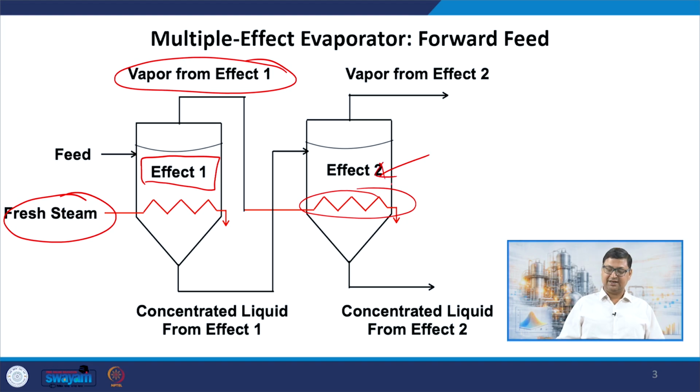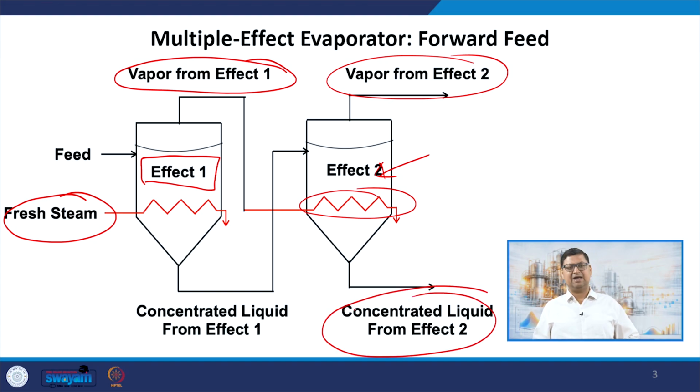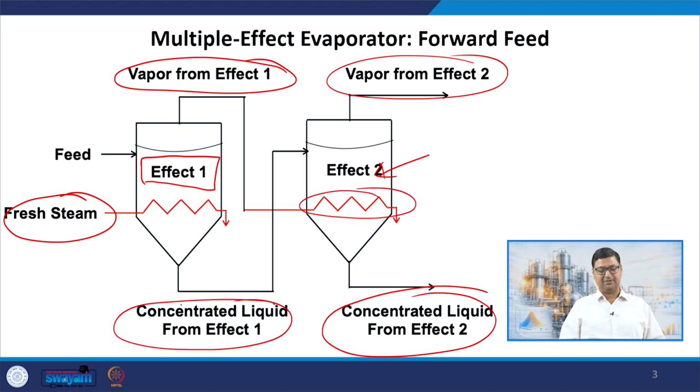And now the second effect will again produce a vapor, and I can probably discard it, or I can attach another effect down the line, and we will get concentrated liquid from here that clearly will have higher concentration compared to whatever we have there, right? So if I am doing something like this, I am doing it in forward feed. Forward meaning that both the fresh feed and the fresh steam are entering the same effect, and I am utilizing the vapor to evaporate liquid in the subsequent effects.